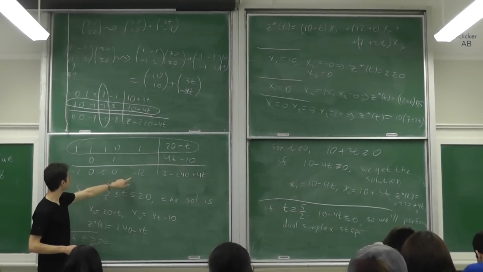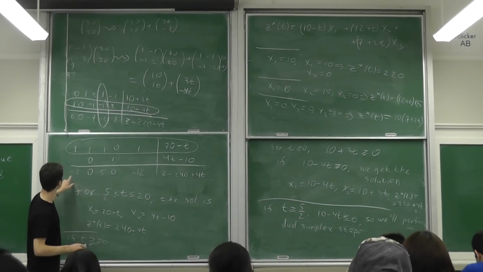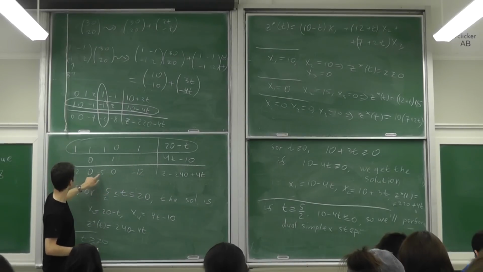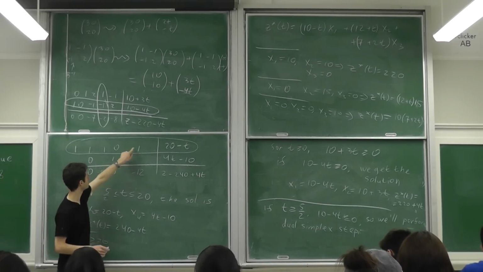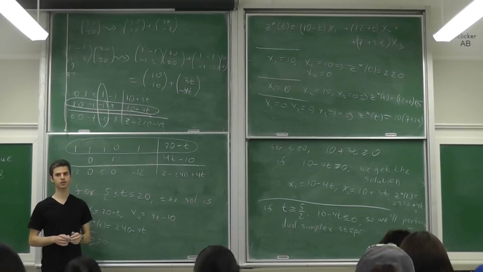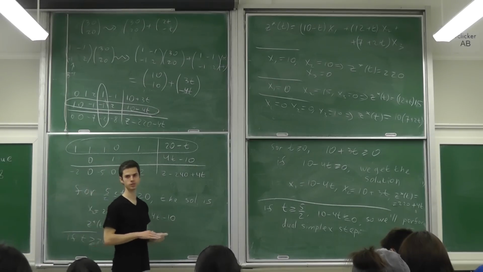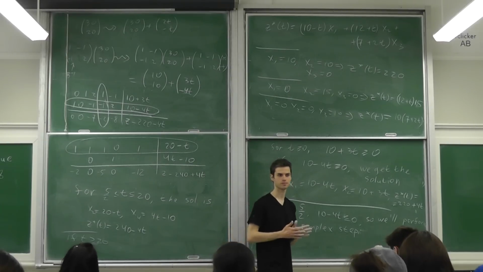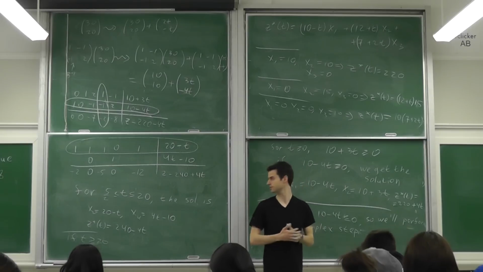So the smallest positive quotient is, let's see, minus 2 over 1, minus 5 over 1, minus 12 over 1. So which is the smallest positive quotient? They're all negative.